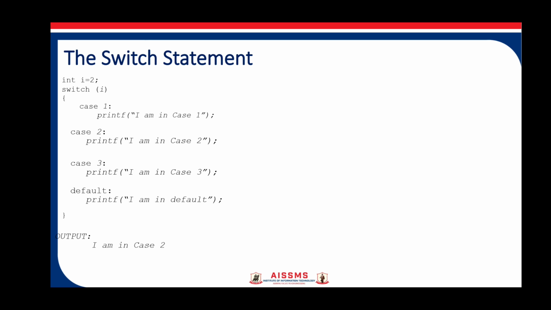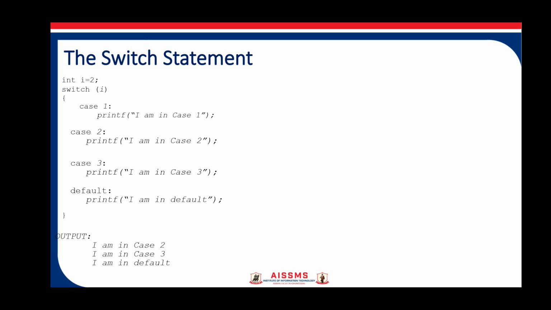Now your execution will not end here, because there is no break statement in the switch. If there is no break statement, the execution will continue from case 2 and go to the end of the switch. So it will execute I am in case 3 and I am in default again.